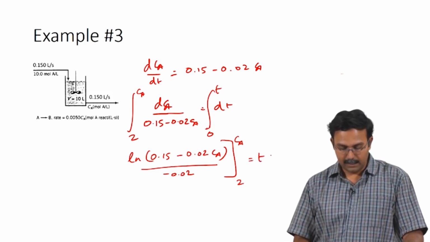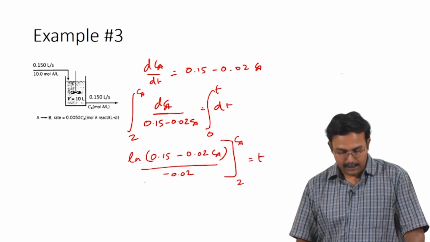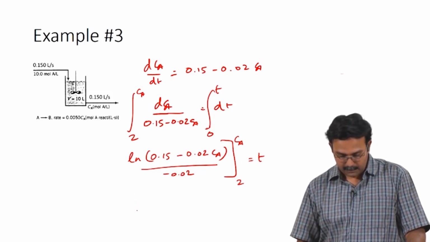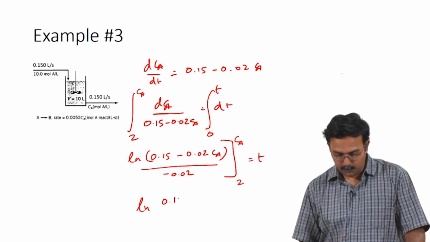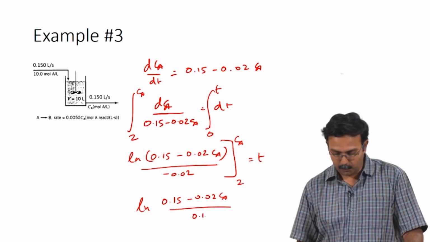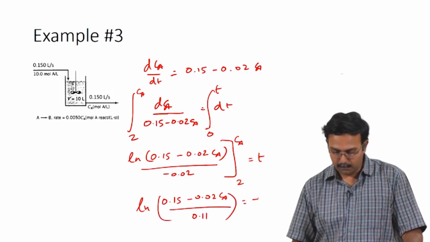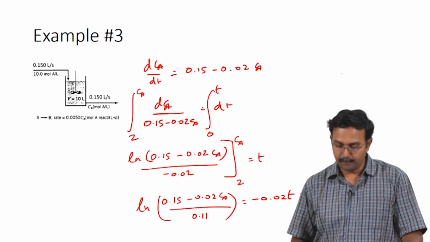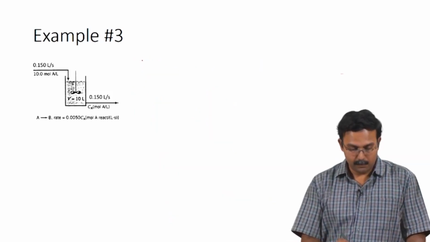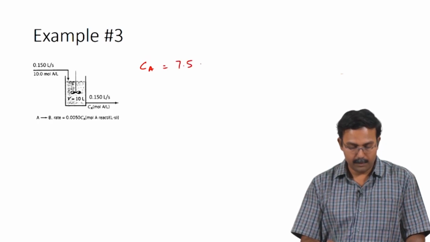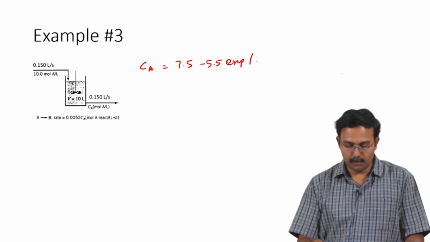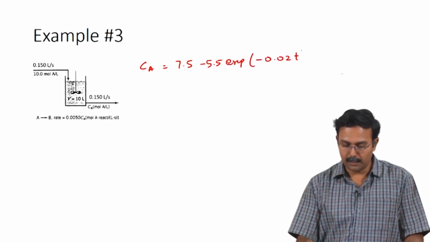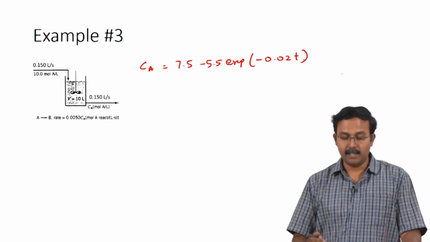So, this can then be further solved to get ln of (0.15 minus 0.02 Ca) divided by 0.11 equals minus 0.02 t. So, from the previous equation we can get Ca as Ca equals 7.5 minus 5.5 times exponential of minus 0.02 t. So, we can verify this as well.